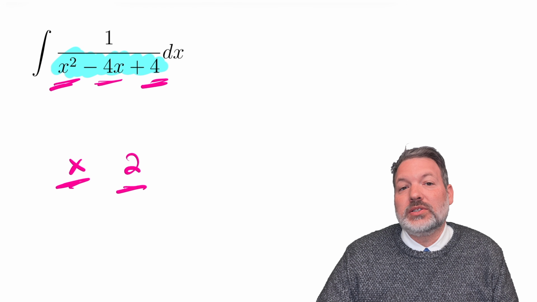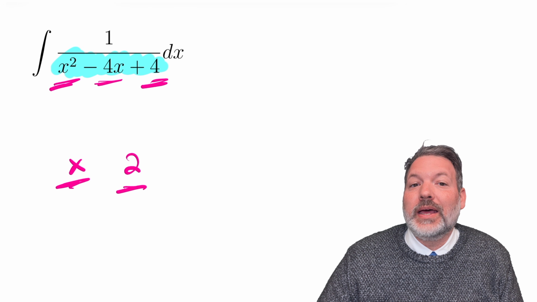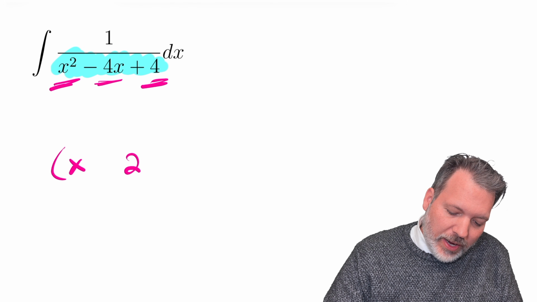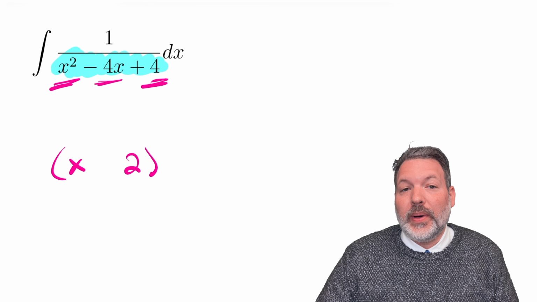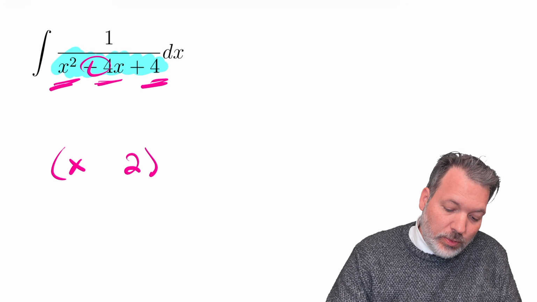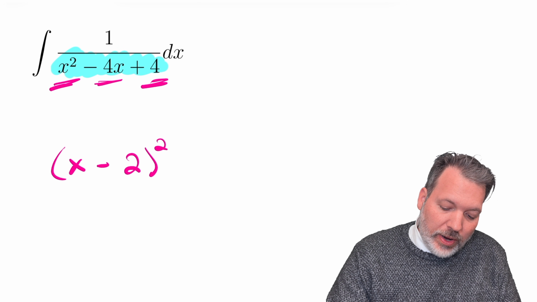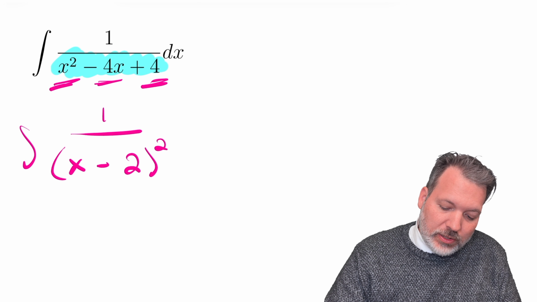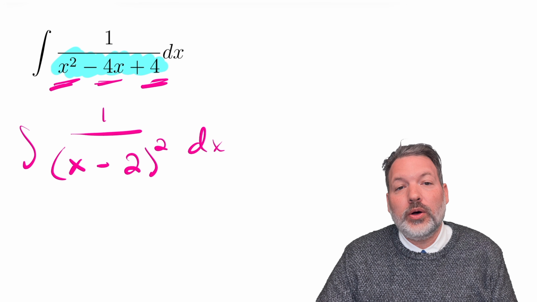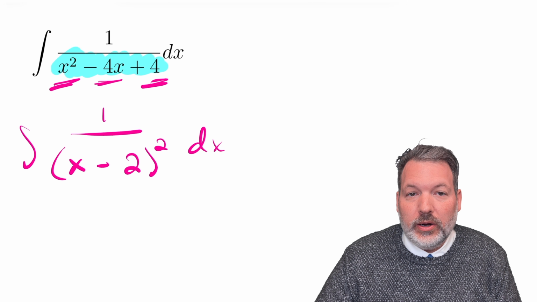X times 2 is 2x, and if you double that, you get 4x. So this means we can write that denominator as the square of a binomial, and specifically, since it was x squared minus 4x plus 4, this will be the square of a difference. And so we're actually looking at the integral of 1 over x minus 2 squared dx.